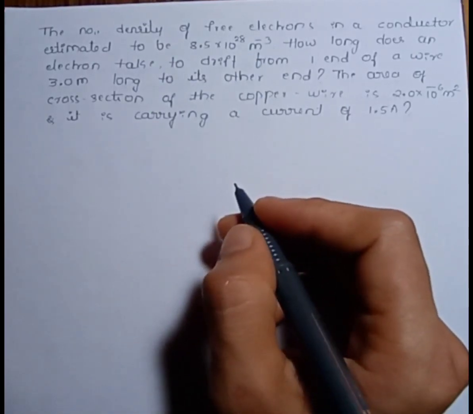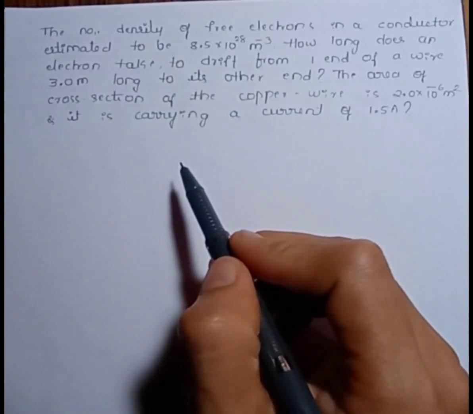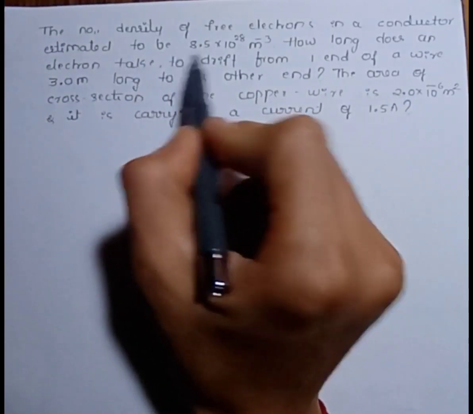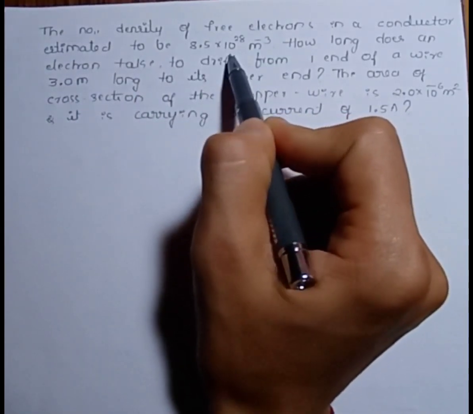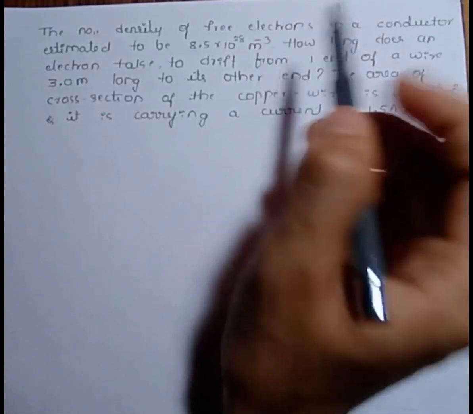Let us see a problem based on drift velocity. The number density of free electrons in a conductor is estimated to be 8.5 into 10 to the power of 28 per meter cube.